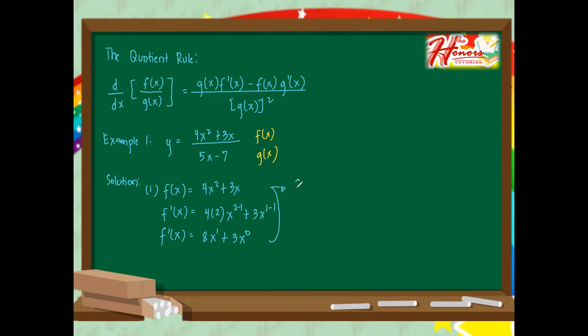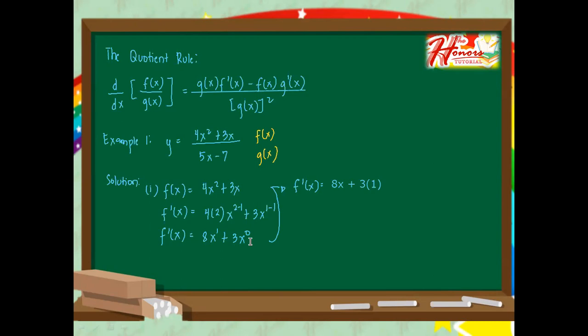So that is equal to 8x plus 3 times 1. Why is it 3 times 1? It is because we have here an exponent which is 0. Remember, any number or any term that is raised to 0, the answer is 1. So that's why we have here 3 times 1.